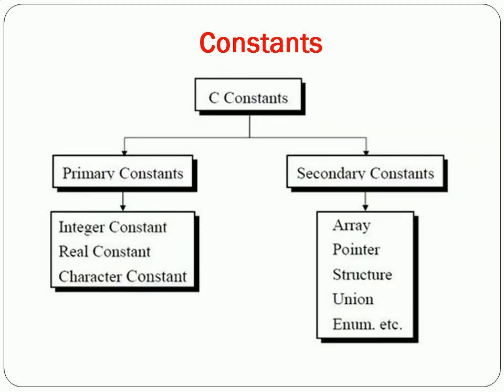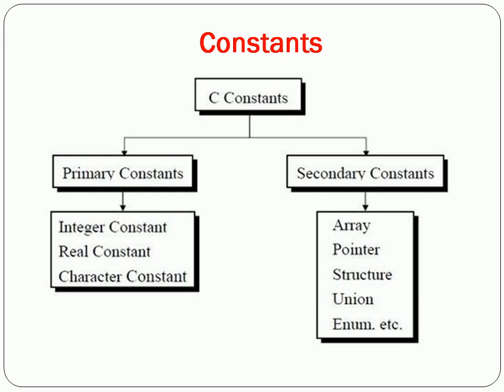The next topic is the types of constants available in C programming language. There are different basic types of constants provided by C. They are categorized into two major categories: primary constants and secondary constants.